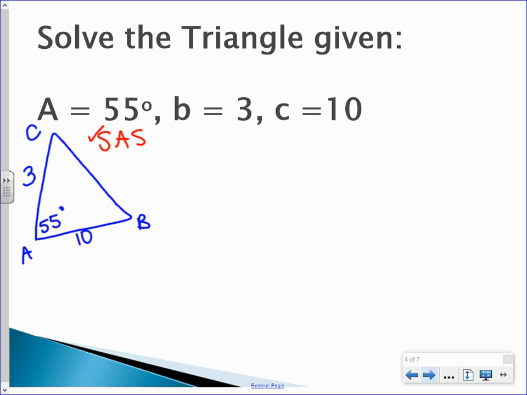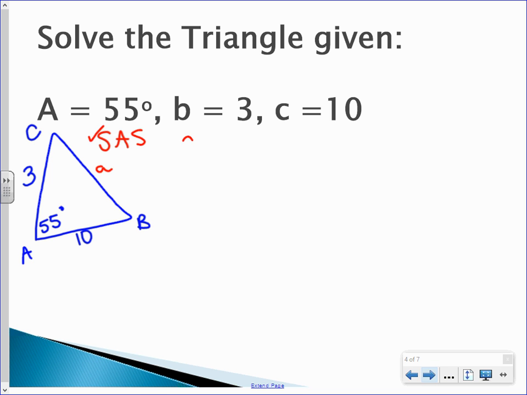Okay? Now, you probably assumed that that's what we would do because I'm teaching you the law of cosines. But remember, tomorrow and Wednesday, you're going to have to decide when to use which. All right? So, the law of cosines formula, as I mentioned, uses all three sides. Since we do not know side a, that's the one that we're going to solve for first.